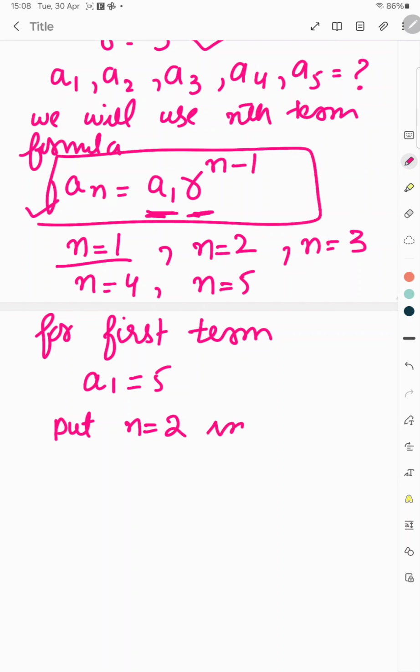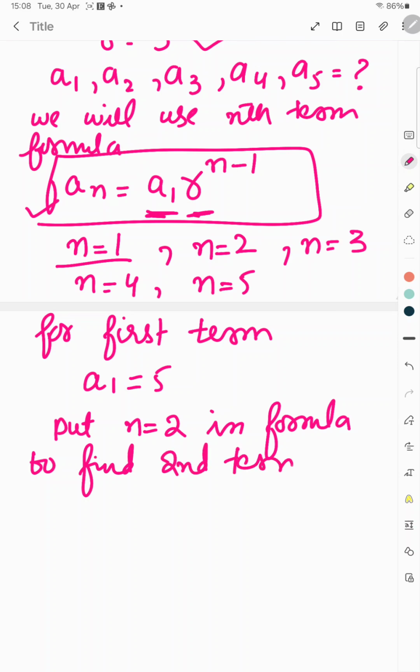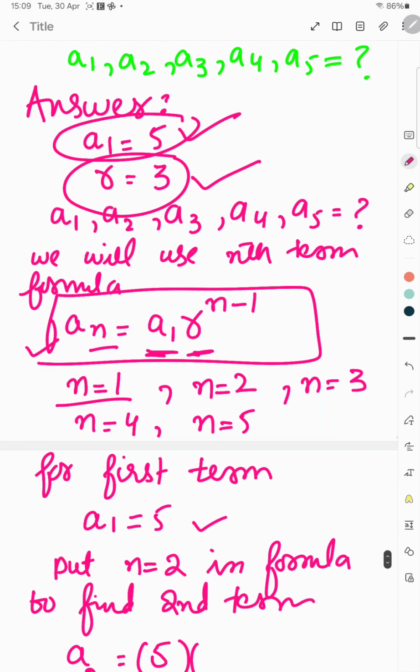Put n is equal to 2 in formula to find second term of the sequence. So here a, instead of n we will write 2, a1 is equal to 5, r is equal to, as it is given, r is equal to 3.